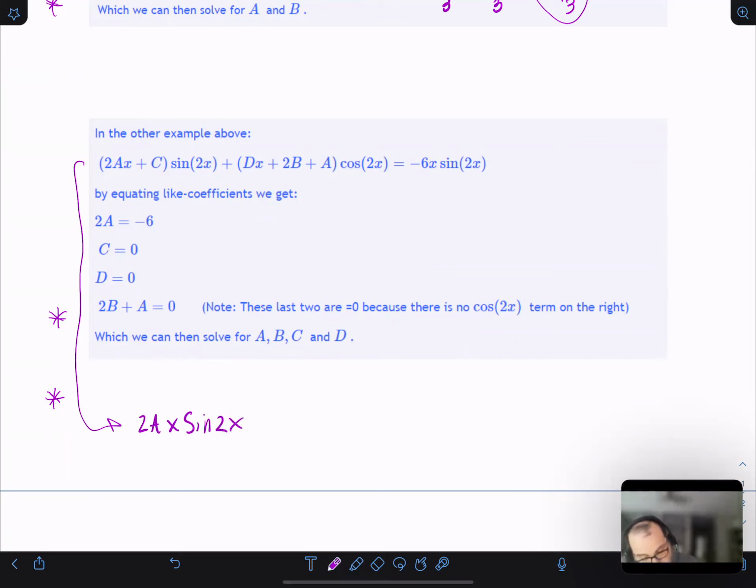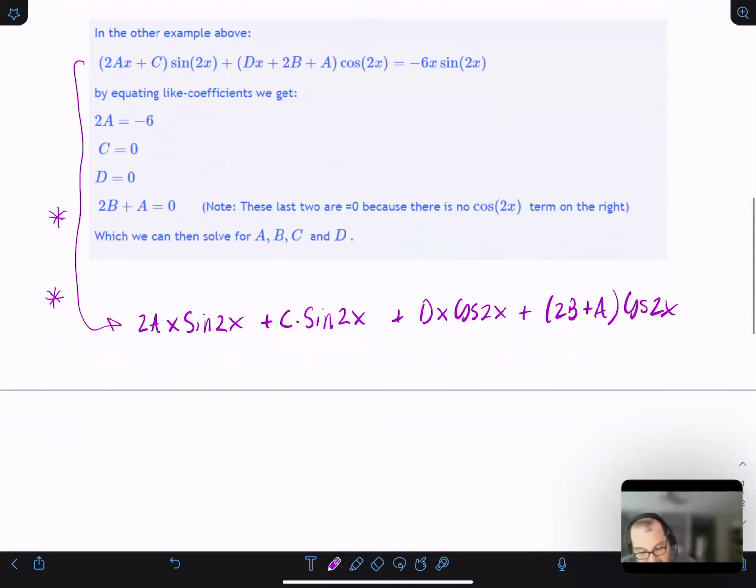That is one term, and then I have a c times sine 2x, and then the other one I have a dx cosine 2x, and then I have a 2b plus a cosine 2x. That is what I have on my left-hand side over here.